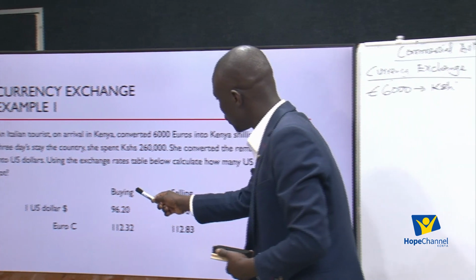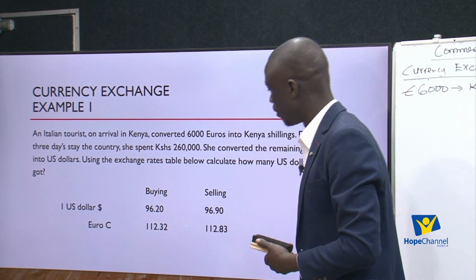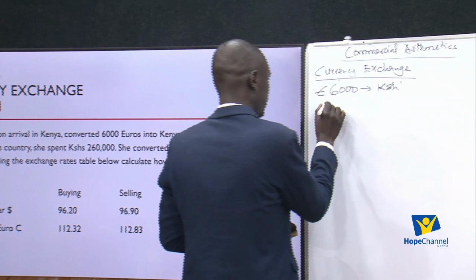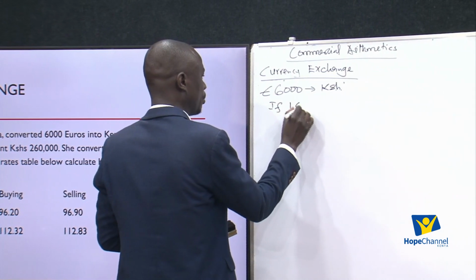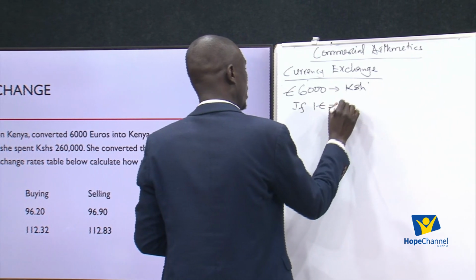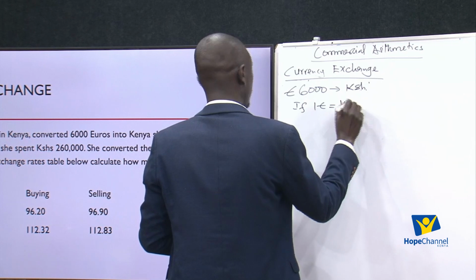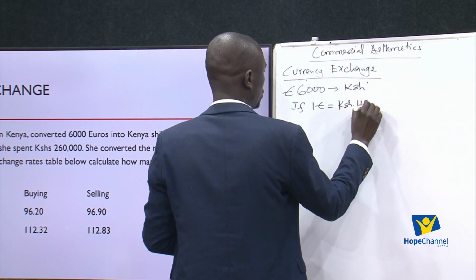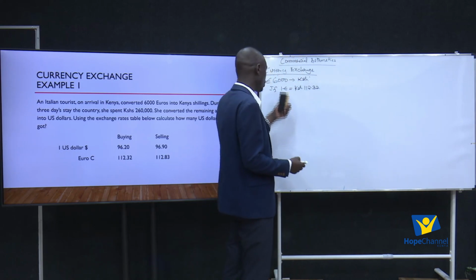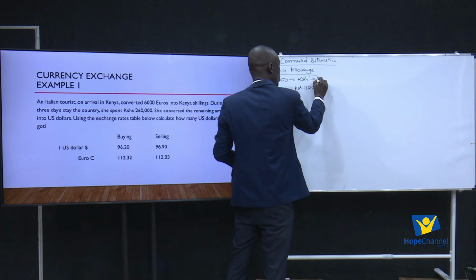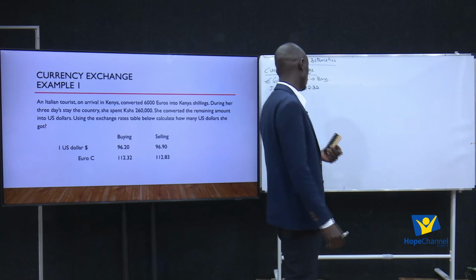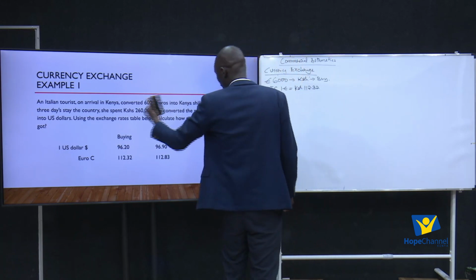So 1 euro is going for 112.32 Kenya shillings. So that is the currency exchange. In that case, the bank will buy because we are going to the bank with a foreign currency. The bank will buy all these euros.